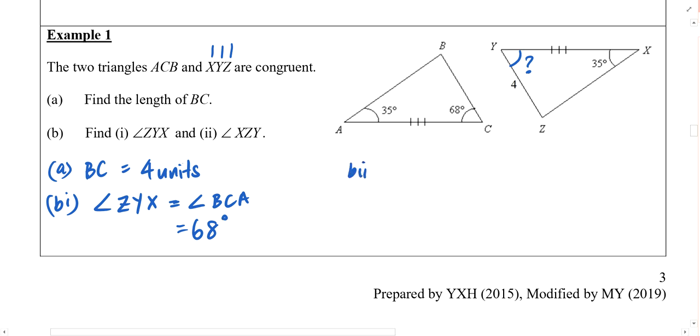So B part 2. Angle XZY. XZY. So A, B, C. A, B, C. Oh, what is this angle going to be? I don't know what's the angle. Can you help me out?